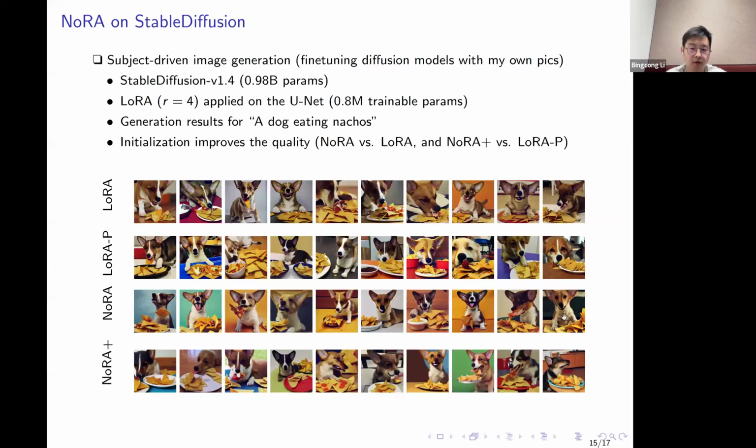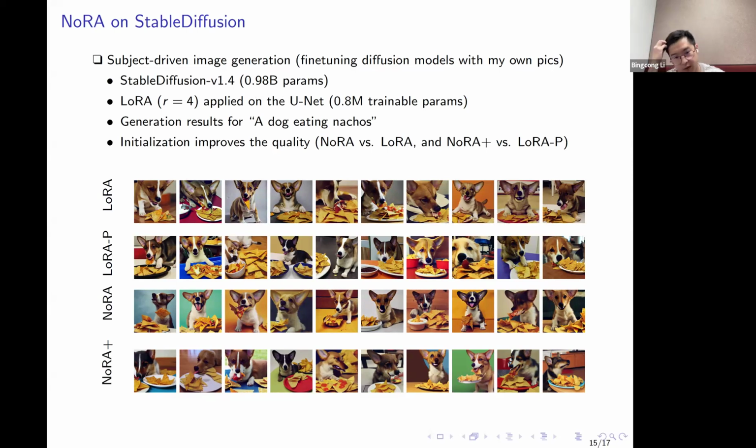It turns out that this simple strategy is quite effective in practice. Our first set of experiments uses this NoRA, Nyström-initialized LoRA, to fine-tune a stable diffusion model. This stable diffusion model has almost 1 billion parameters, and we use a rank of 4 for LoRA, applied to the UNet part.